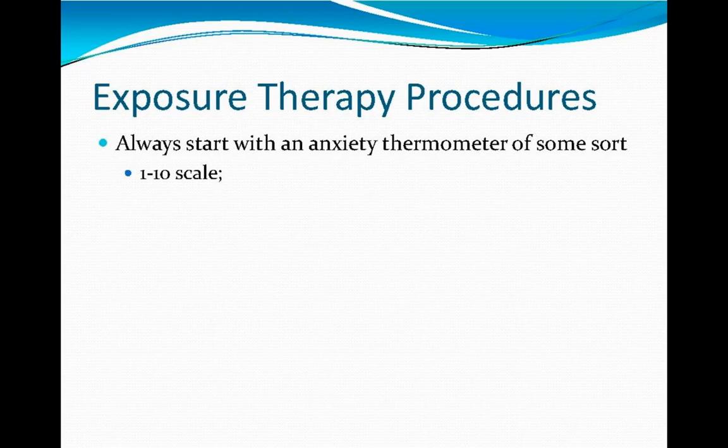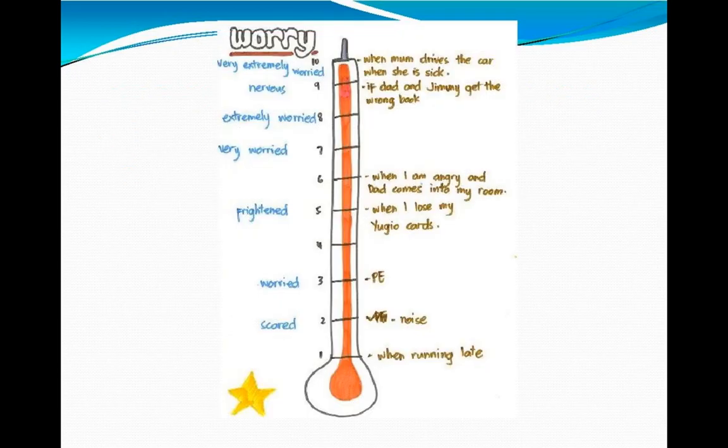And when you are making your rating scale or your anxiety thermometer, you also want to have anchors for it that are meaningful to the child, or to the adult if you're doing it with an adult. So in this example that you see here, on the left side is a word that the child uses for when they feel that. So when a child's at a 10, this child referred to that as being very extremely worried.